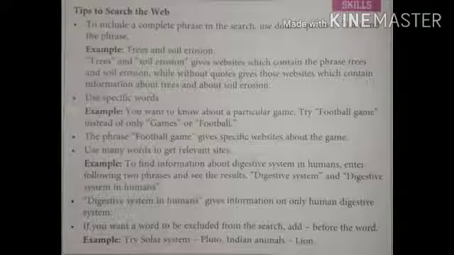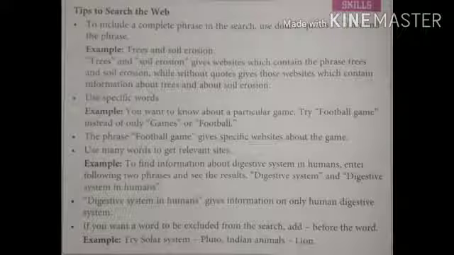Suppose you have written football game in the search phrase. Then the search results will give you specific information about that particular game, that is football. Otherwise, if you write only game, then as you all know, there are many other games also, so it will provide you various other information which is not required. So, always use specific words.